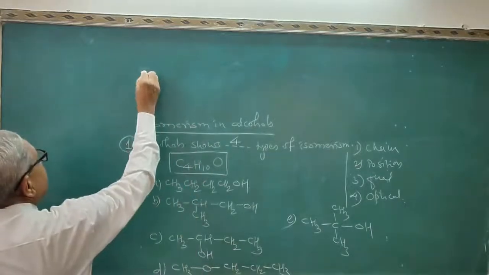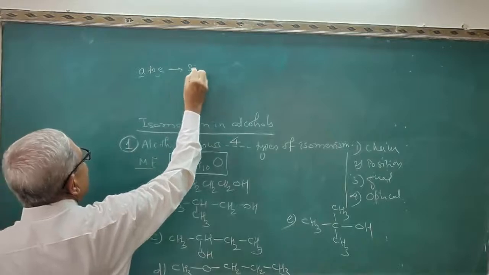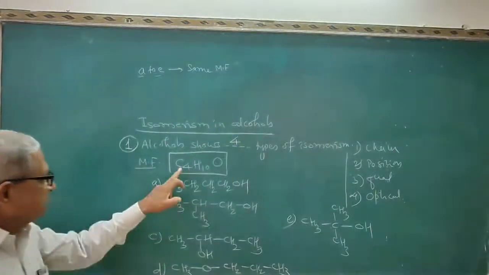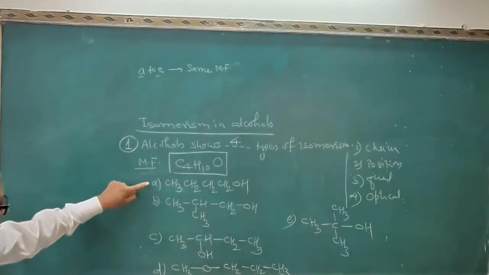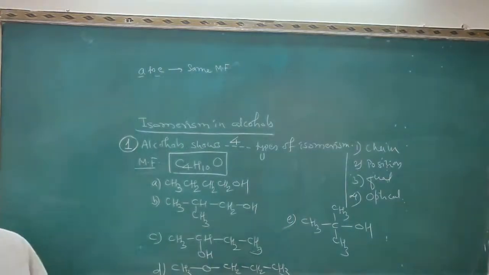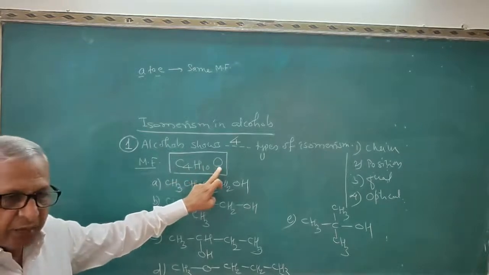Now, when you observe the structures A to E, you will find that all have the same molecular formula, that is C4H10O. Count yourself in the structures A, B, C, D and E: number of carbon atoms 4, hydrogen atoms 10, oxygen atom is 1.